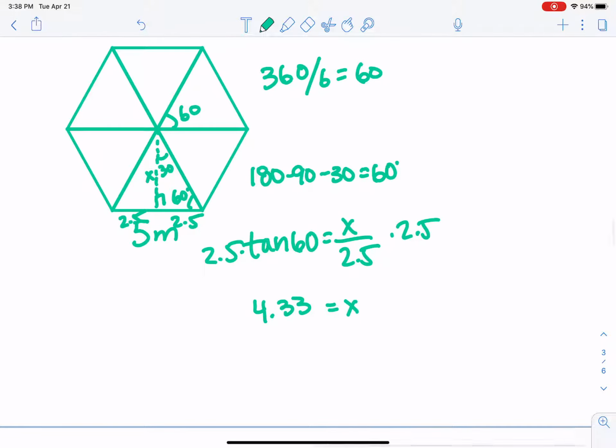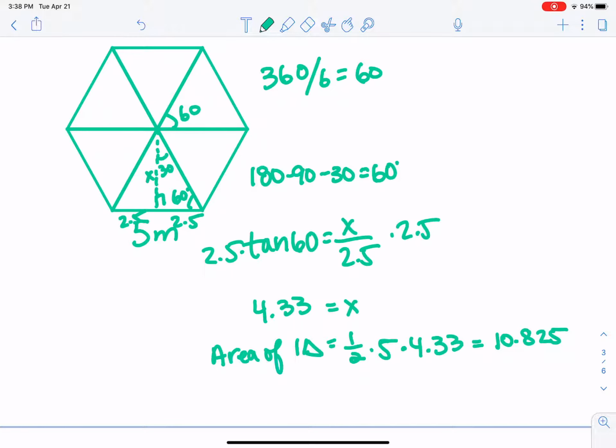So the area of one of those triangles would be 1/2 times the base, which is 5, times the height, which is 4.33, which gives me 10.825.